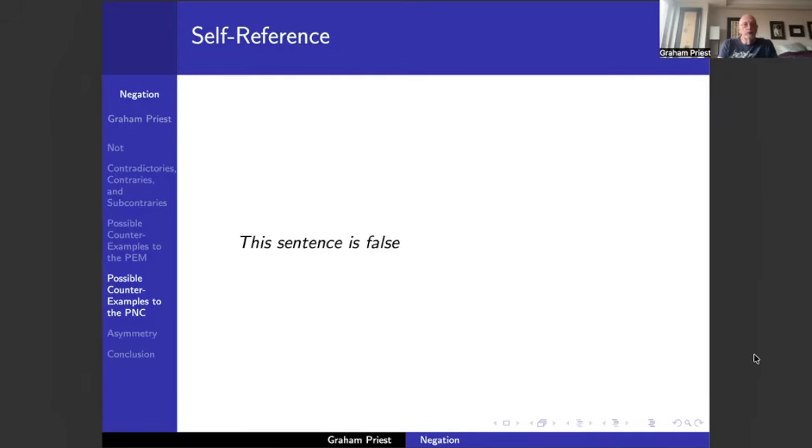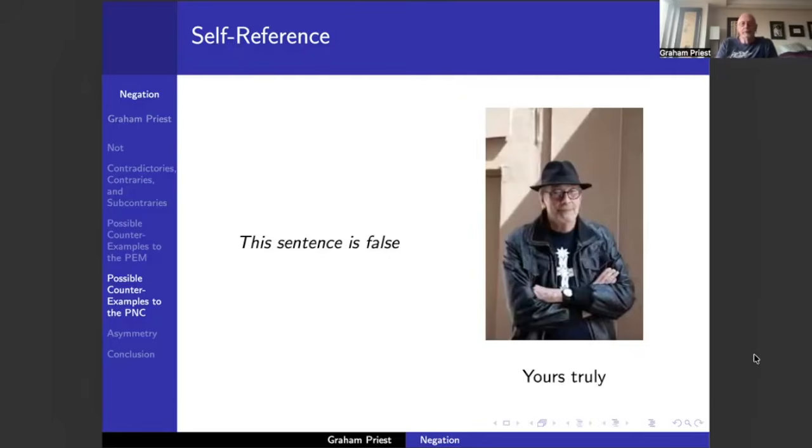The argument which produces the contradictory conclusion is simply veridical. So here's another possible counterexample to the principle of non-contradiction, namely paradoxes of self-reference. Who says that? Okay, well, I have to confess one of the people was yours truly.